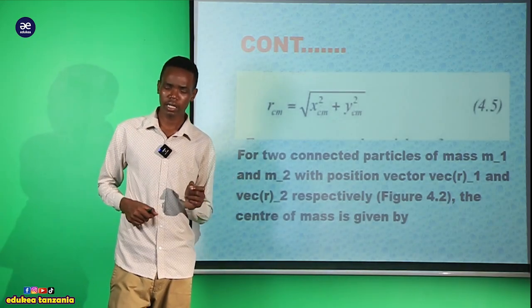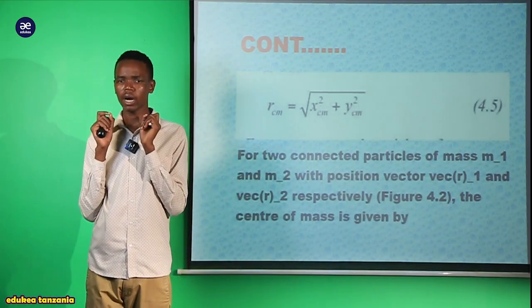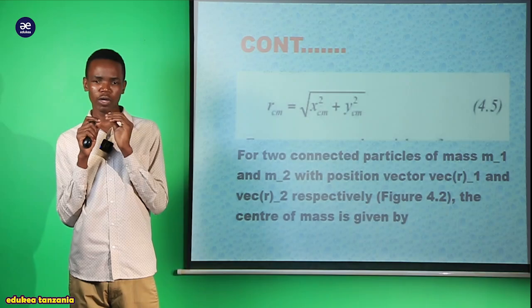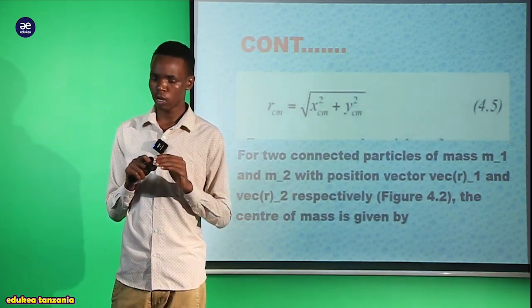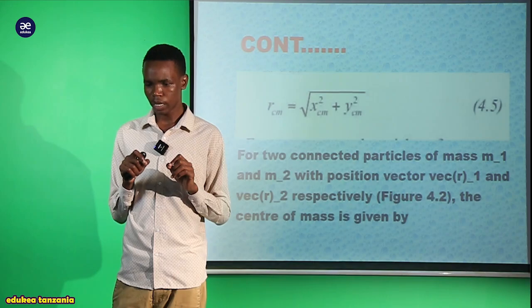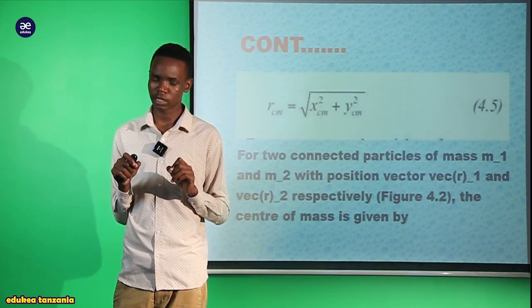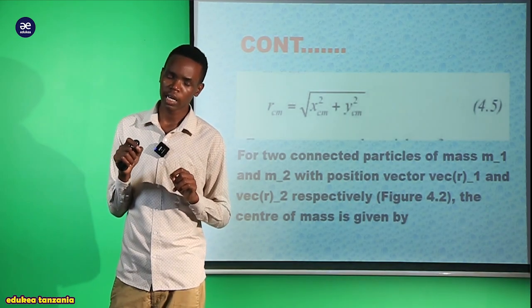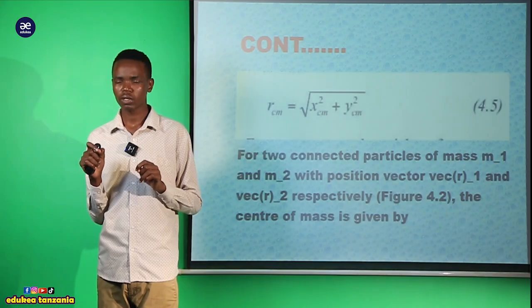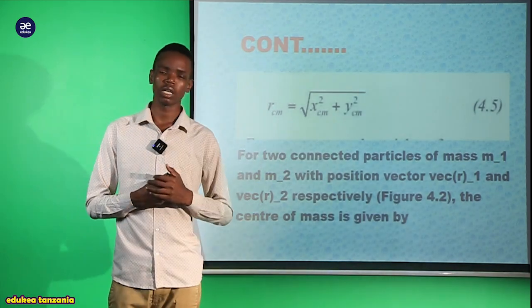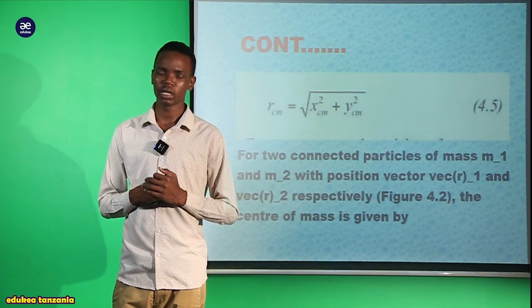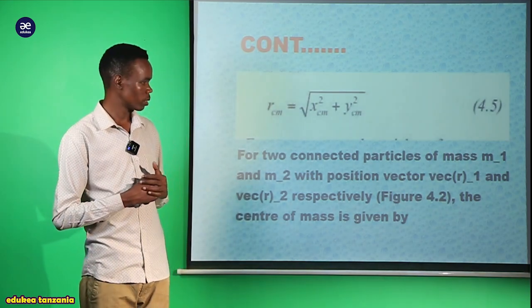So the distance to the center of mass in two dimensions must be equal to the square root of x center of mass squared plus y center of mass squared. This should be equation number 5 on our topic number 4.